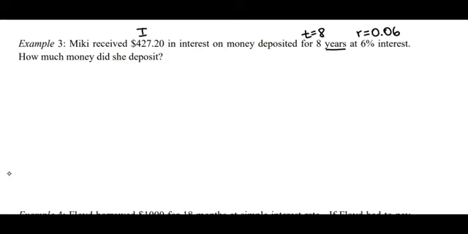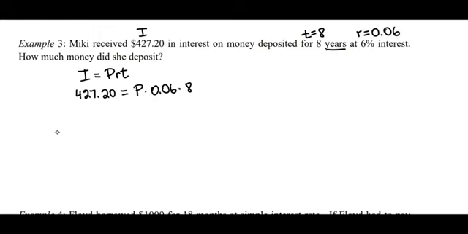All right, so let's go ahead and write our I equals PRT. Okay, so we have 427.20 equals, we're going to have our P, we don't know the value, we're multiplying that by the rate, which is 0.06, and multiply that by T, which is 8. Next step is to simplify this equation.